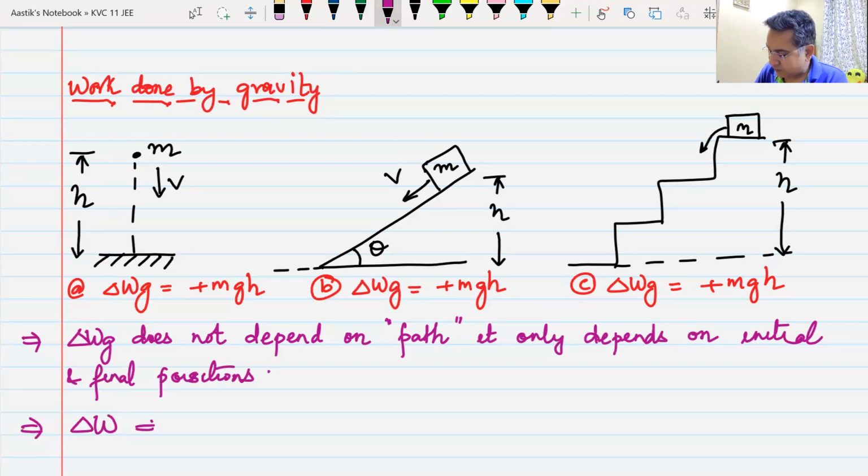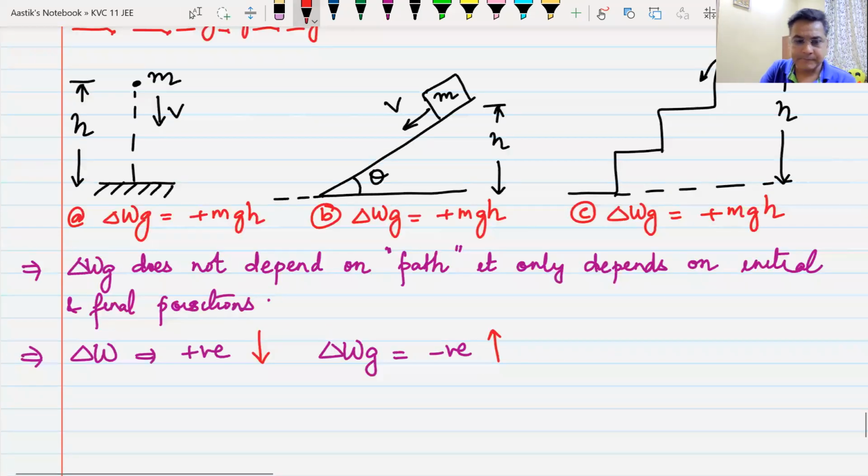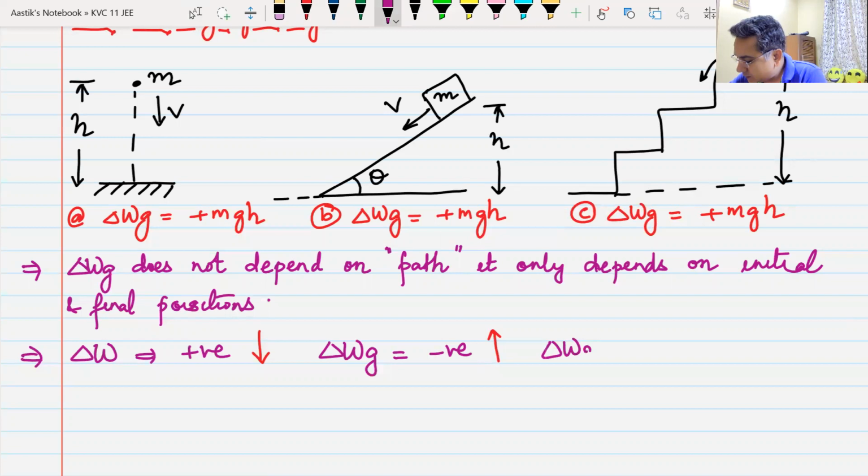Work done by gravity is positive when the body is moving down. Work done by gravity would be negative when the body is moved up. When will the work done by gravity be zero?